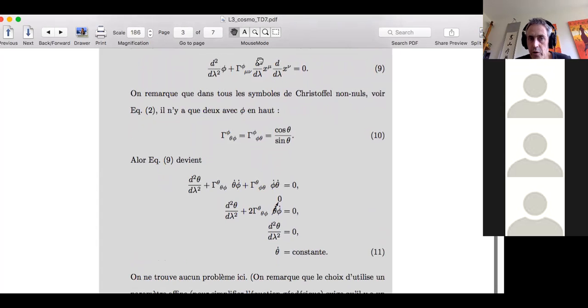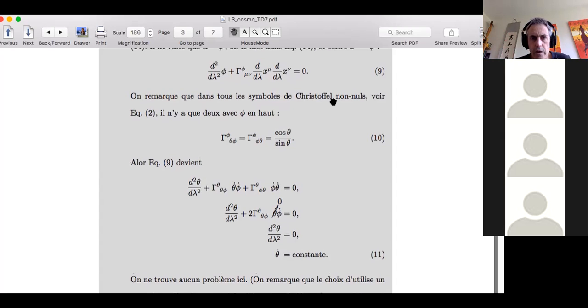You have a choice. You know it's only phi that's changing because theta is fixed at pi over 2, but let's continue with the Christoffel symbol idea. You can go look at the Christoffel symbols and say, I need a phi upstairs.